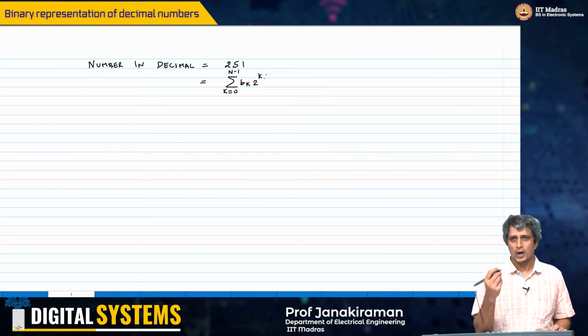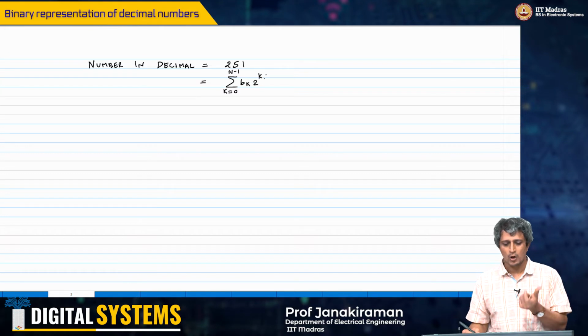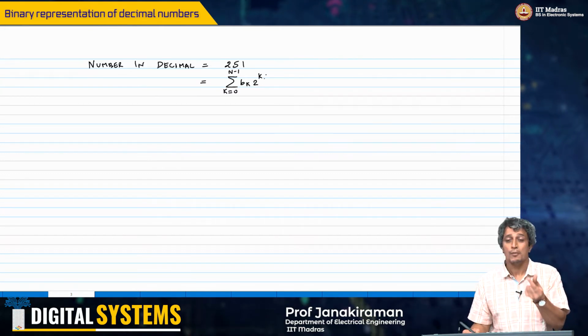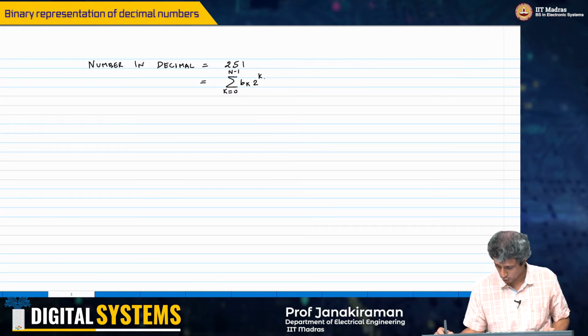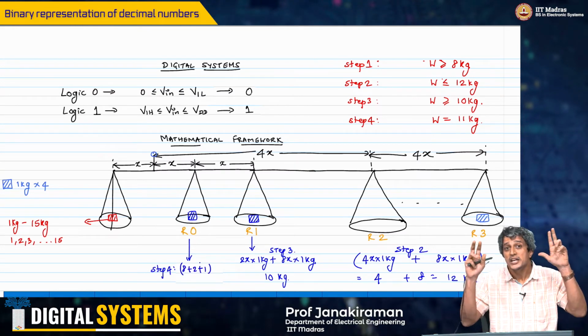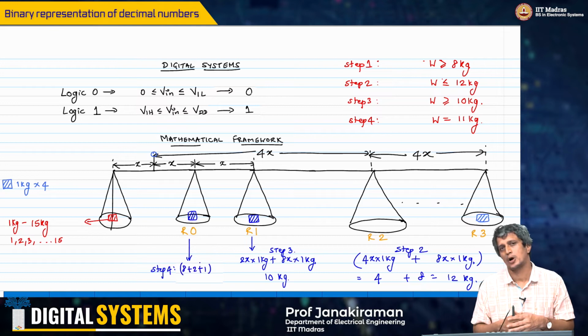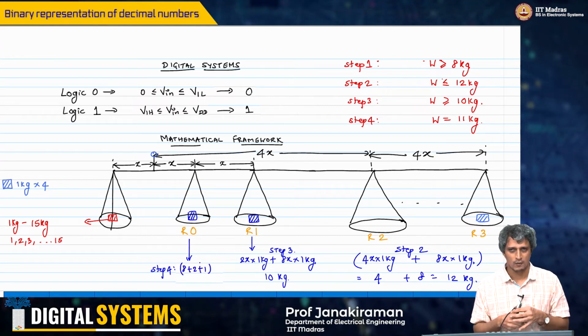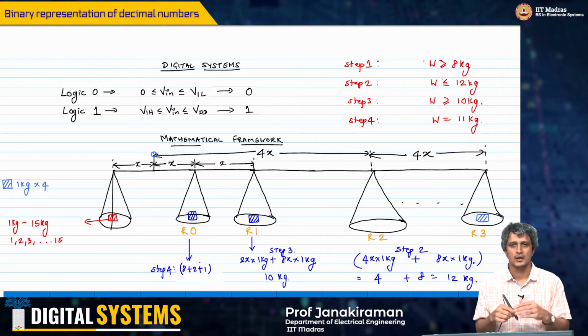Now what I want to do is represent this decimal number as a binary number. What we did earlier was more of a binary search, which you probably will come across later in your course. We found out if the given number in weight was either greater than something or lesser than something.